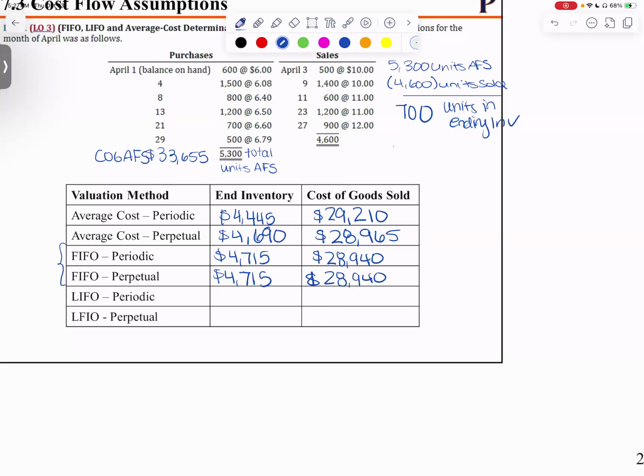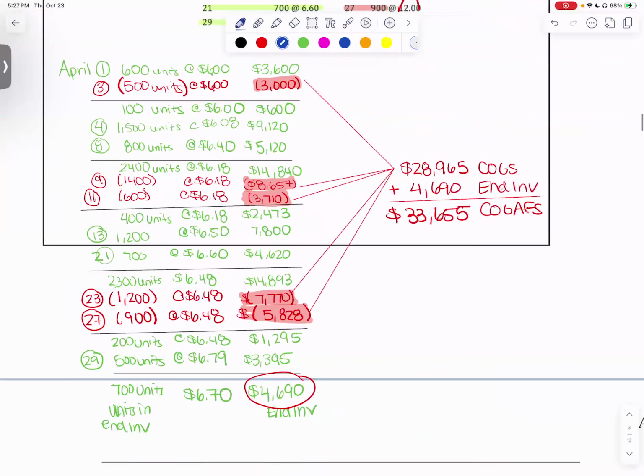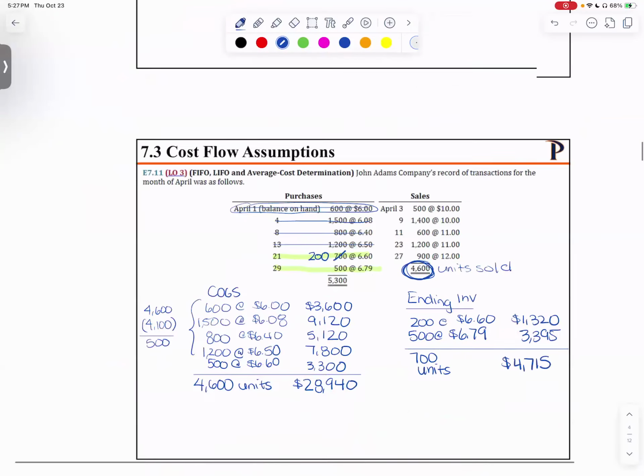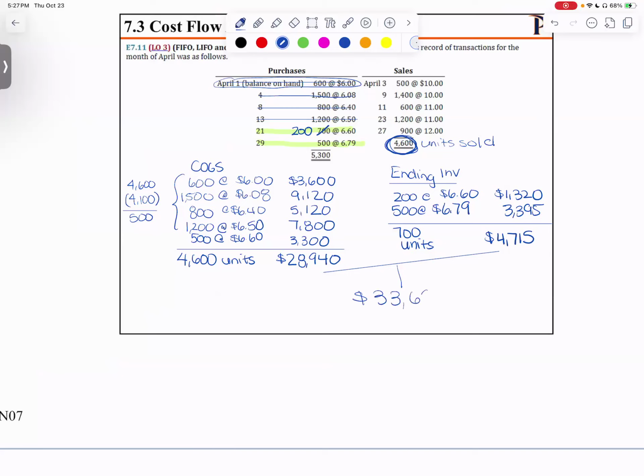And again, we can do a check and add our ending inventory to our cost of goods sold. So if we do that, we should get 33,655, which is also equal to our cost of goods available for sale. So that was a good check figure.